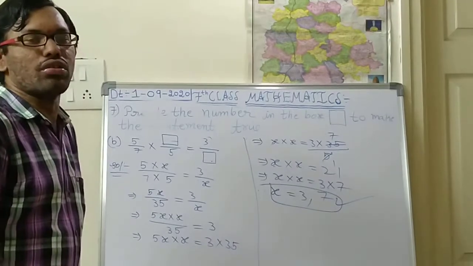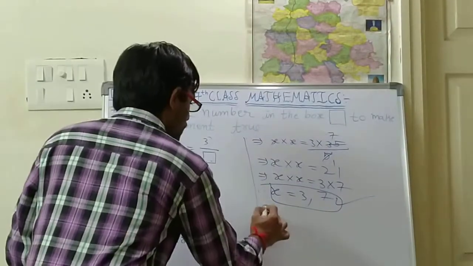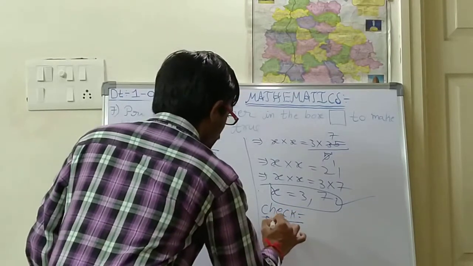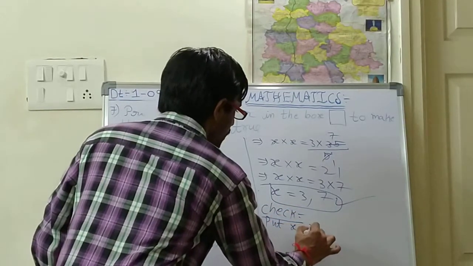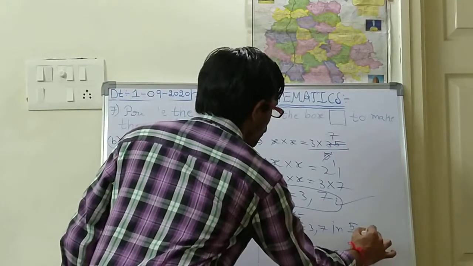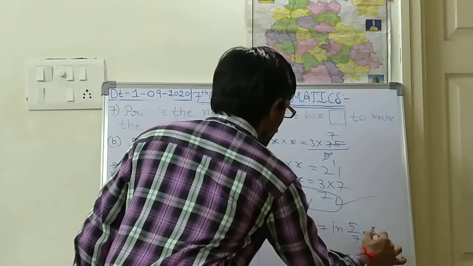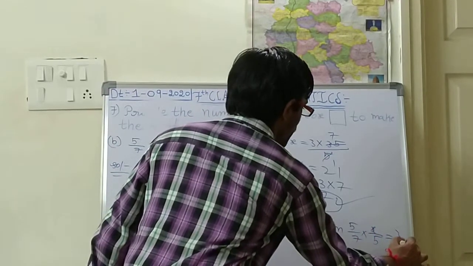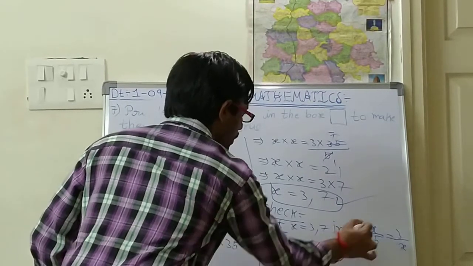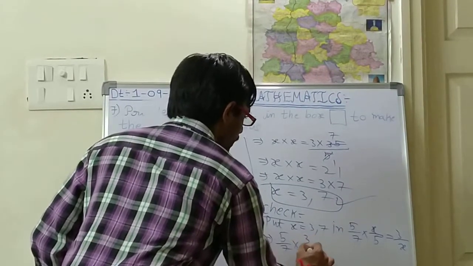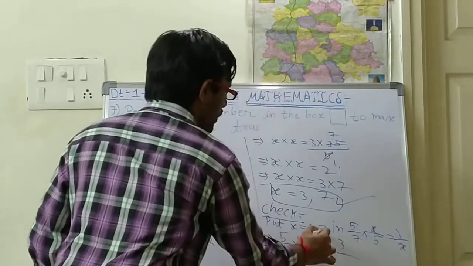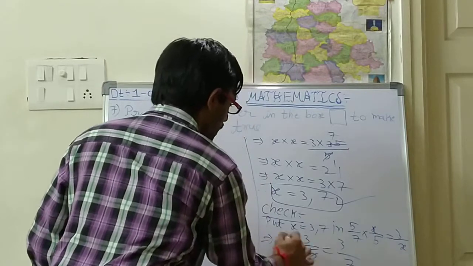I think you have understood. Now check. Put x equal to 3 comma 7 in 5 by 7 into x by 5 is equal to 3 by x. That implies 5 by 7 into, in one x you should take 3, in another, 5 is equal to 3 by, in the other x, 7. 5 will get cancelled.